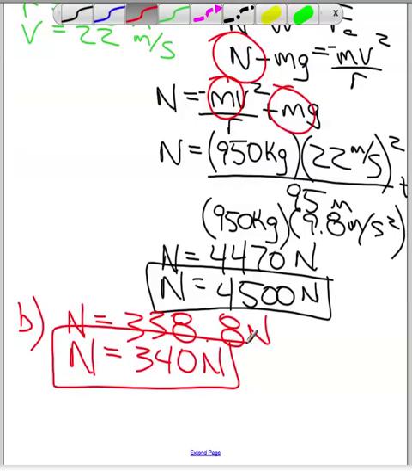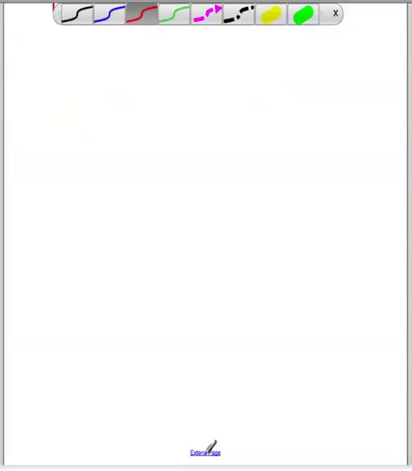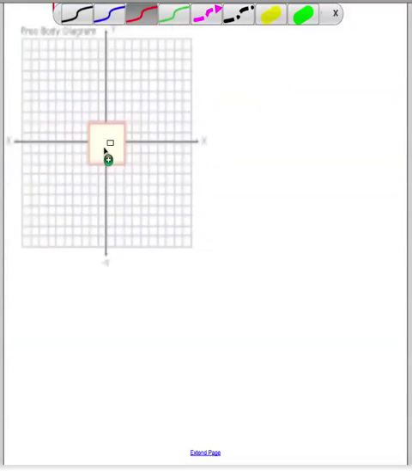The last question is part C, the car speed at which the normal force on the driver is equal to 0. For this problem, we could add an additional free body diagram here.